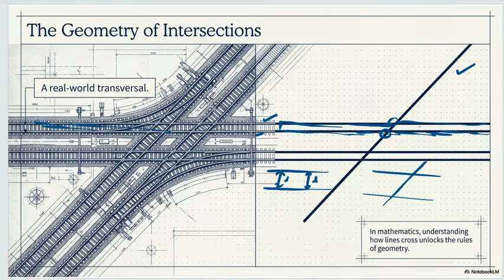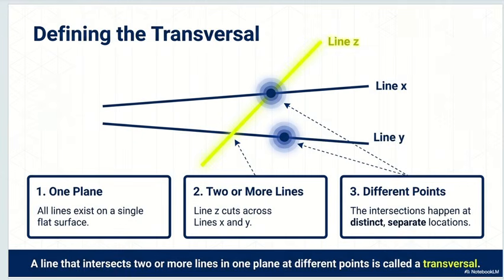If we cut these two lines using another line, this line cuts the two lines at this point and also this point. So this line is called the transversal line, which cuts the parallel lines at different points. Got it?